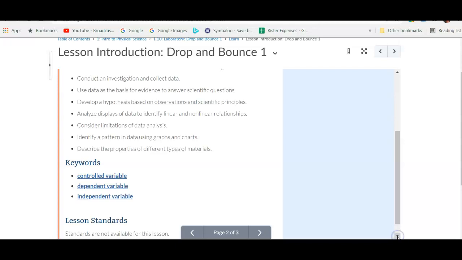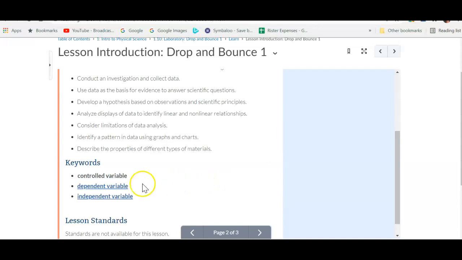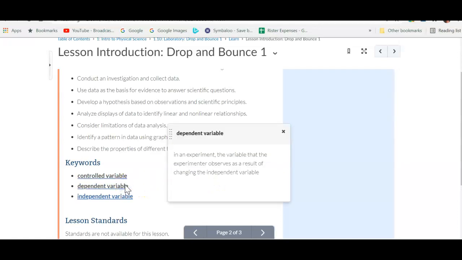So the key words you need to remember are controlled variable, which is a factor that will not change during the experiment. You've also heard of that referred to as a constant. The dependent variable, and you may want to make a note on this. So in an experiment, this is the variable that the experimenter observes as a result of changing the independent variable.